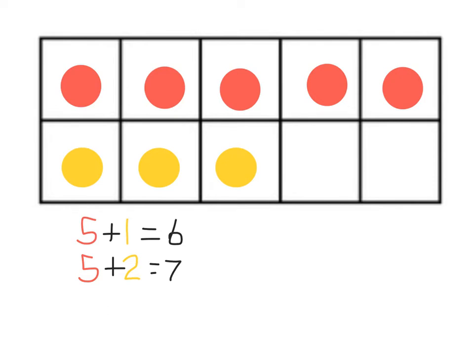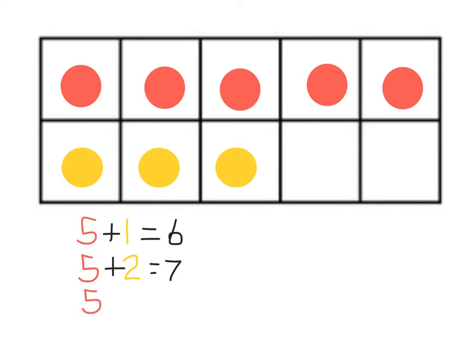Now what equation can I write for the total number of counters now? Pause this video and turn and talk to your partner. Well, I can see that there are 5 red counters, so I can write 5.